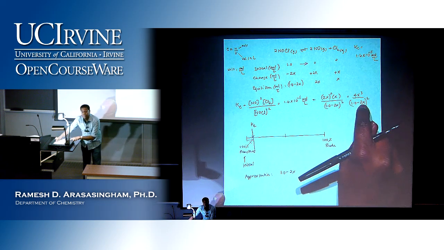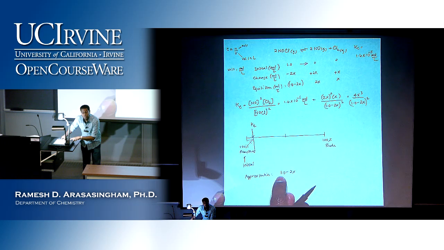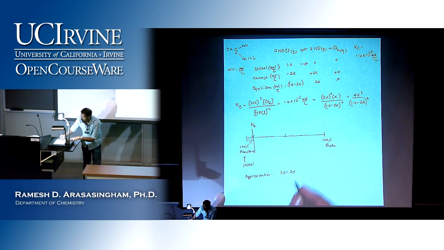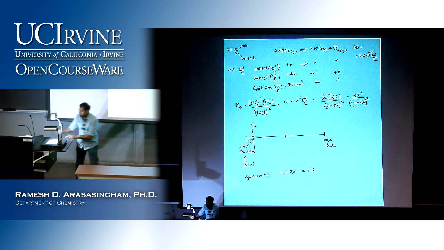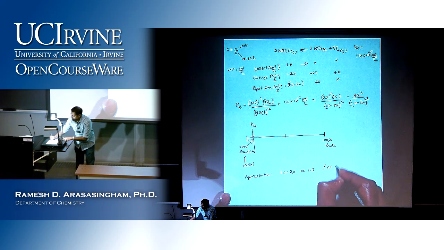Remember, I want to simplify this expression, all right? And so if you start with 1 molar concentration and it reacts only to a small extent, we're going to say that 2x is so small compared to 1 molar, we can neglect it.